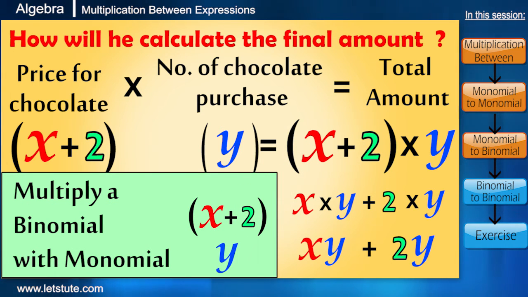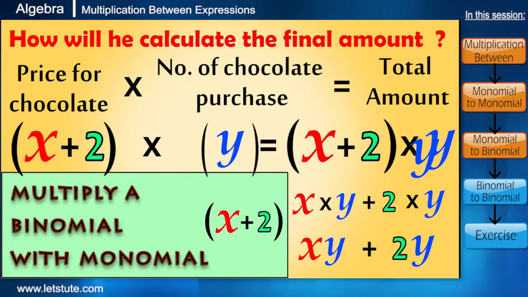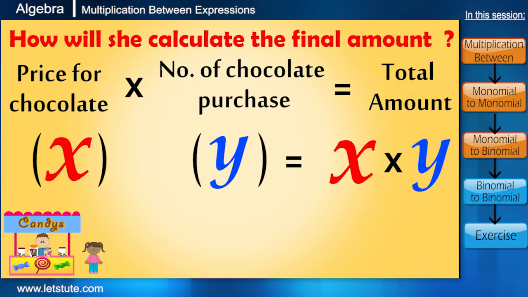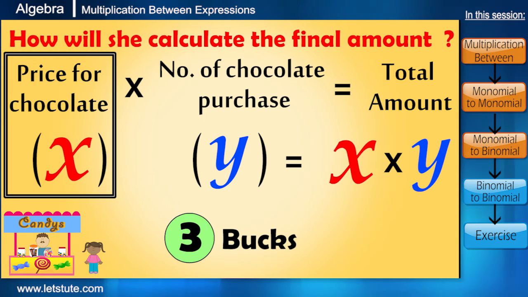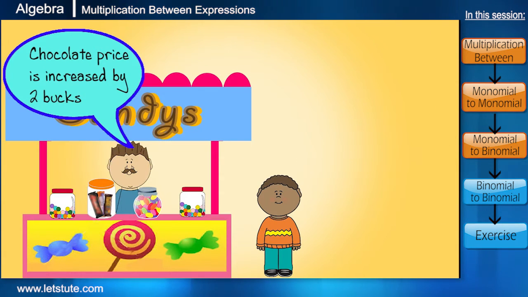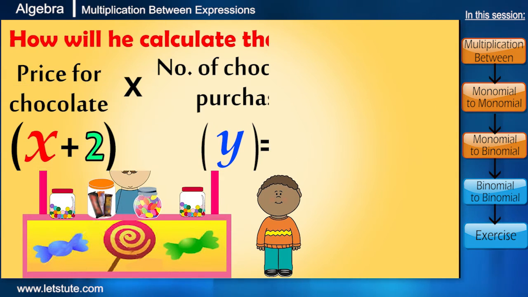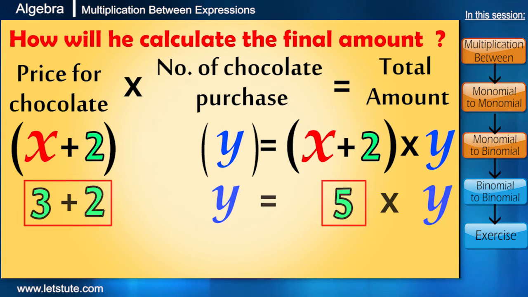But have you ever thought why we follow this pattern only to multiply expressions? So let's again go back to our example. Suppose the price of the chocolate x was 3 bucks. Then if the shopkeeper is saying it's now increased by 2 bucks, so the new price will be 5 bucks, right?